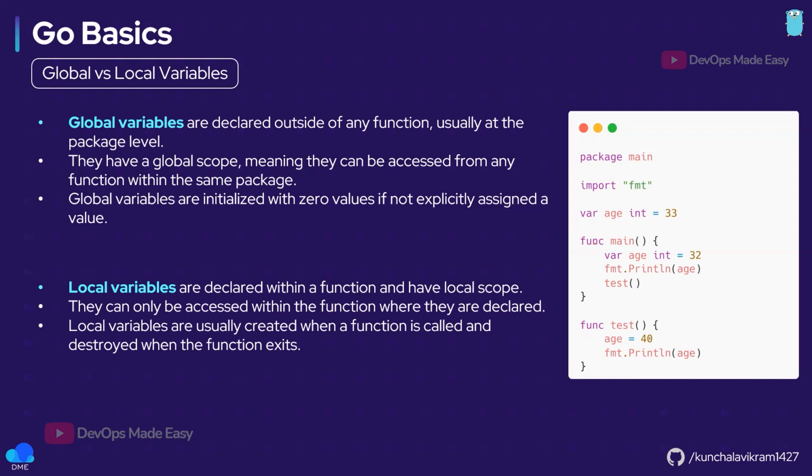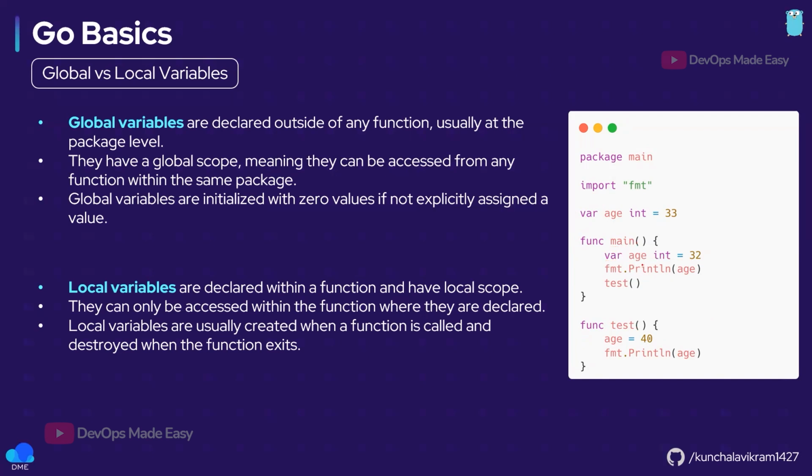If I declare something outside these functions, at the package level, like this variable here, it means this variable called age is accessible to all the functions, throughout this particular Go program. Again, if you look at the individual function main, it declares the variable called age again.